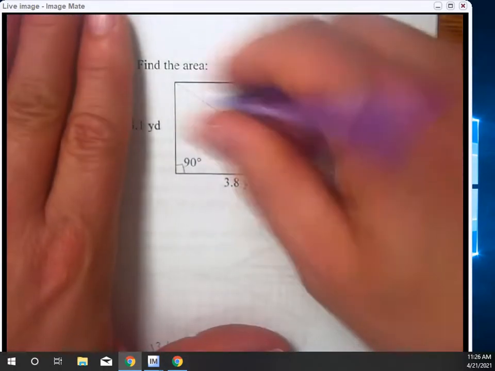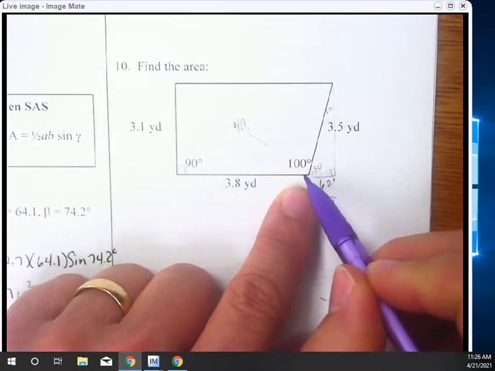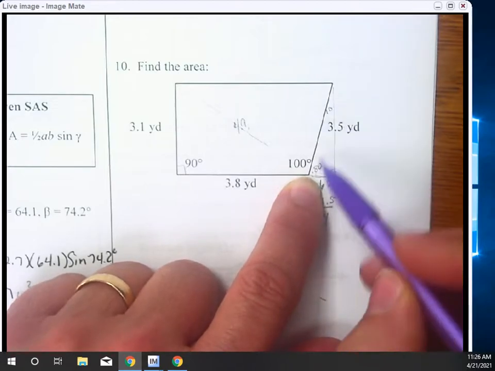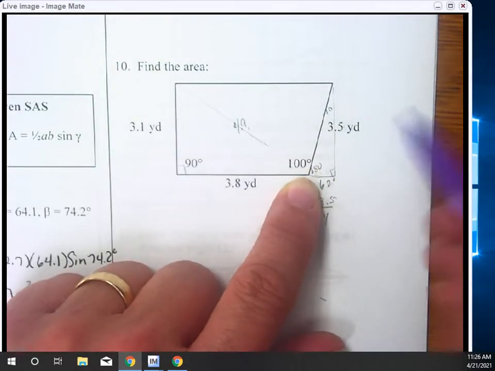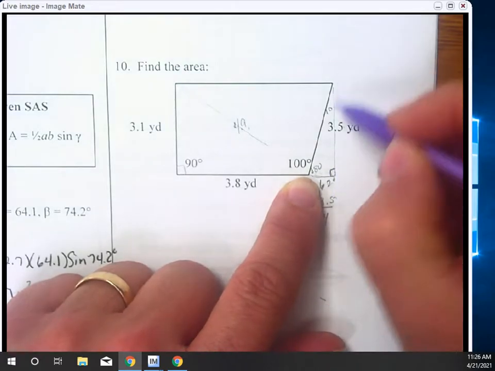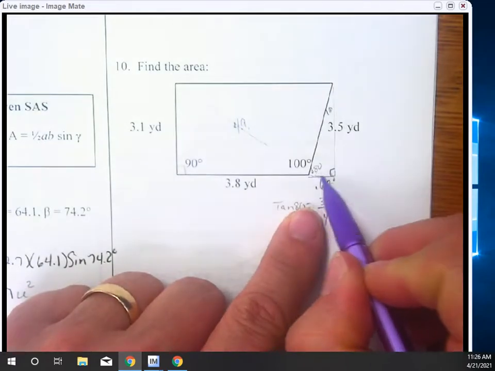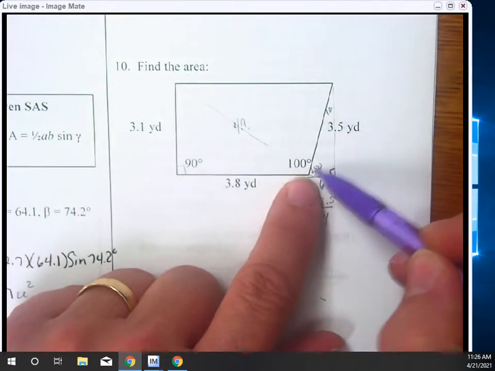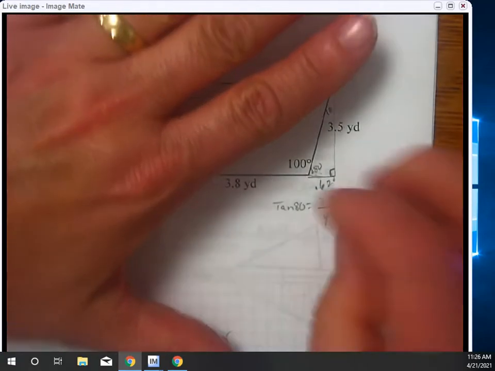If I don't put the diagonal in here, this angle is 180 degrees, the straight angle. So this little angle that I've just drawn is 80 degrees. If I drop the perpendicular, then this is a 10-degree angle, and I need this side. Opposite over adjacent is the tangent.